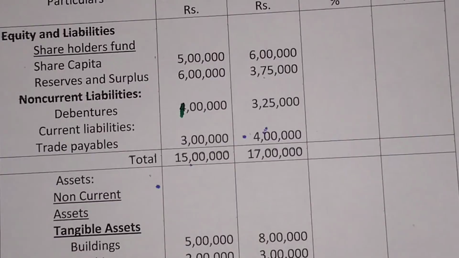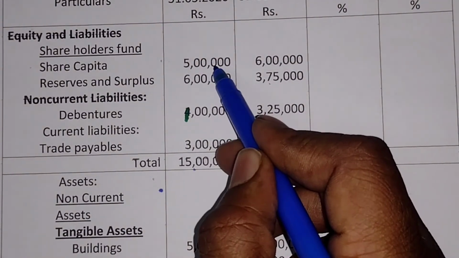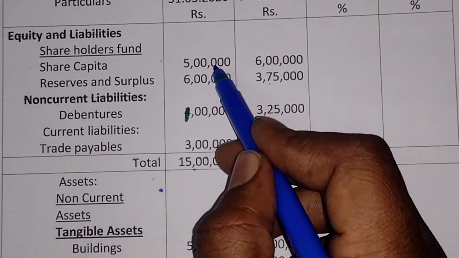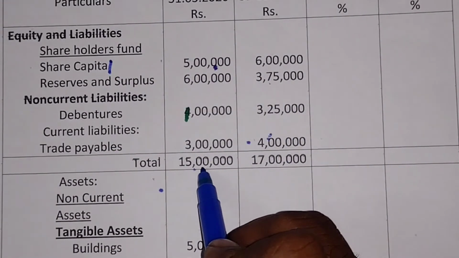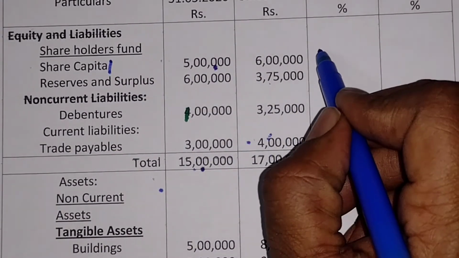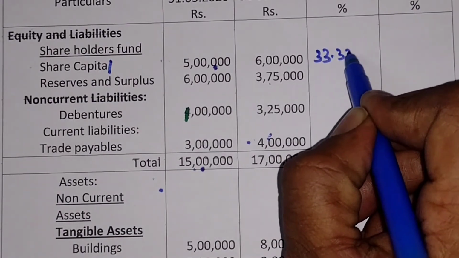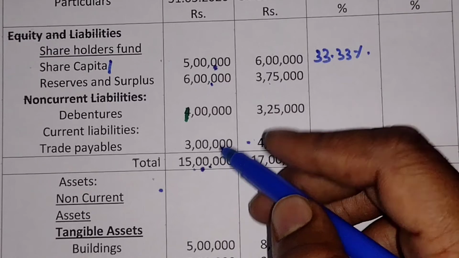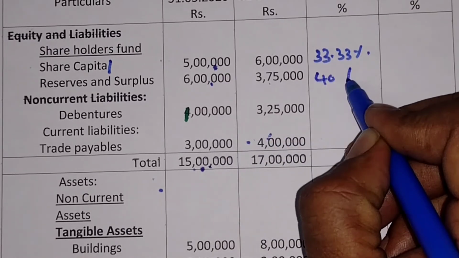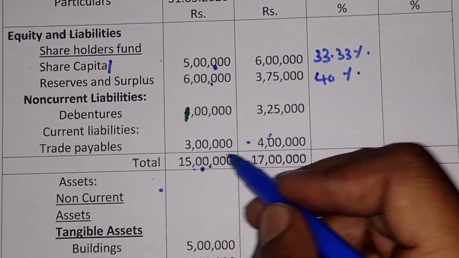Now let us work out this problem. First year we have 5 lakhs of share capital that has to be divided by 15 lakhs. We get 33.33%. 6 lakh divided by 15 lakhs, we get 40%.